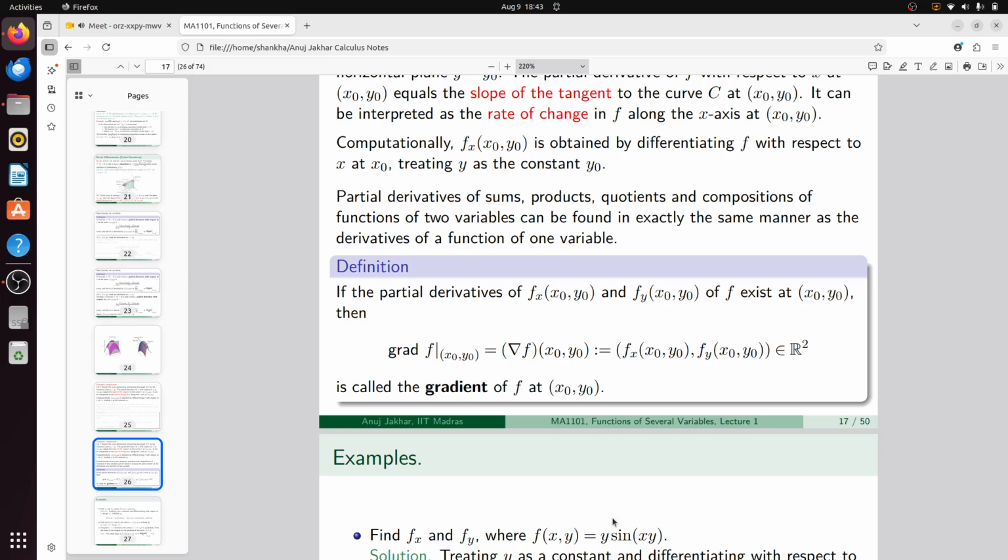This is a very easy problem. If you are solving, then please cross check.